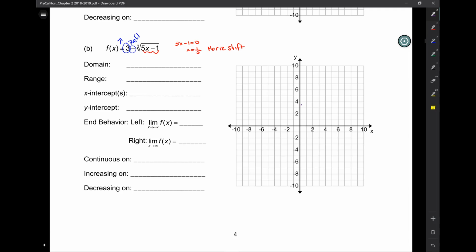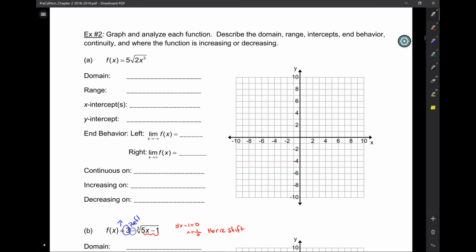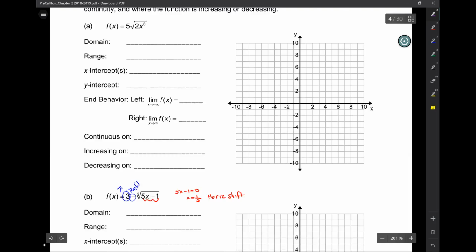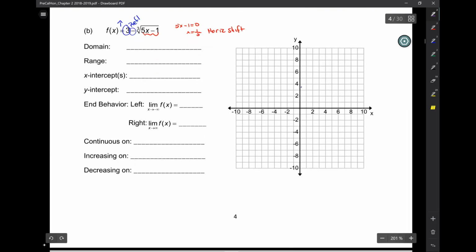Now, how is this going to look? Is it going to go up on the left or the right? It's going to go up on the left, because it's going to be the reflection of this, since it's negative. If you don't have your calculator, if this is not a part of the test where you have a calculator, or the quiz rather, by the time we're done with this chapter, you will know how to do this stuff very, very well.